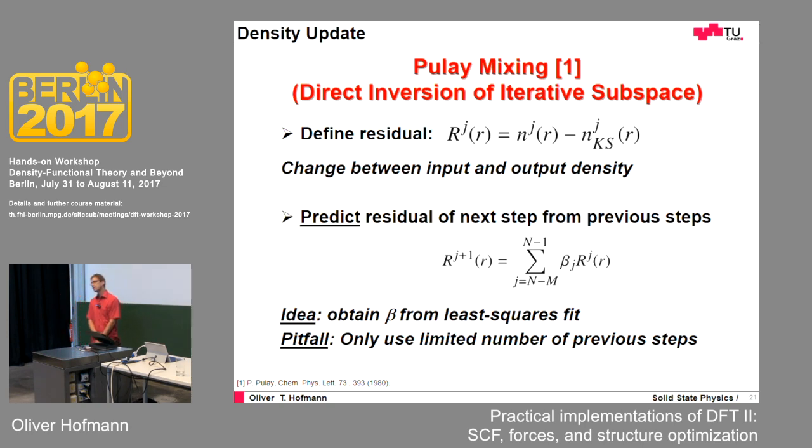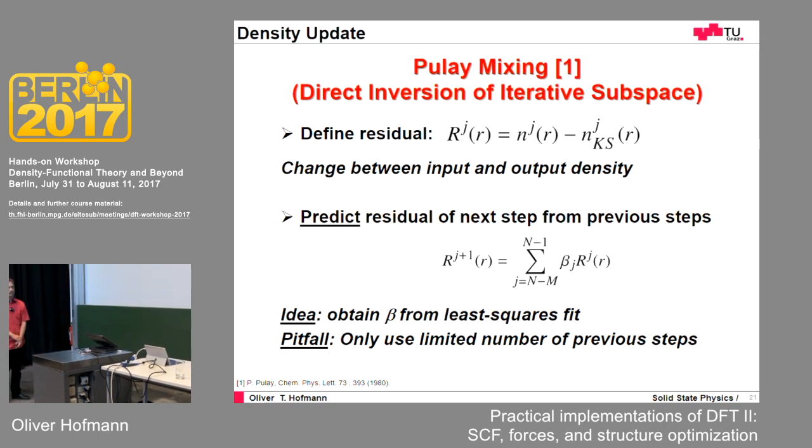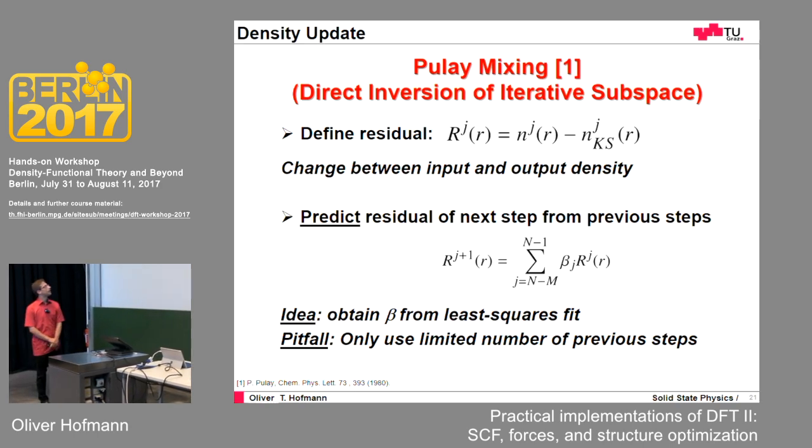The DIIS scheme or Pulay mixing is something that is very frequently applied, and it's also reasonably robust, but contrary to the linear mixing scheme, it will not always converge. And it's much more sensitive to the actual mixing coefficient that you apply.